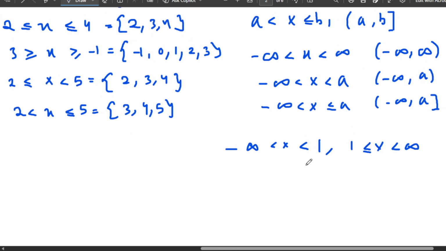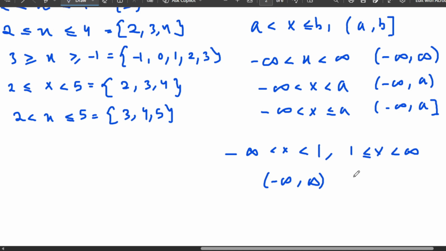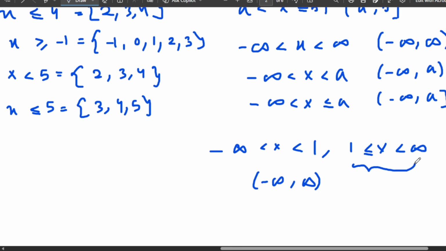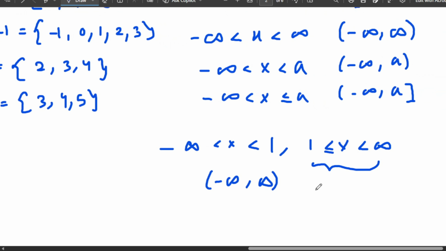That means this still would be negative infinity to positive infinity, the interval notation. Because negative infinity and positive infinity would include the 1, right? The interval notation for this would be a closed bracket, 1 and infinity, while the left side would be negative infinity and 1 with an open bracket.